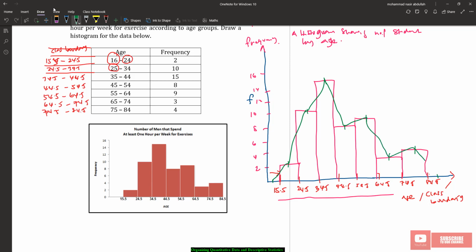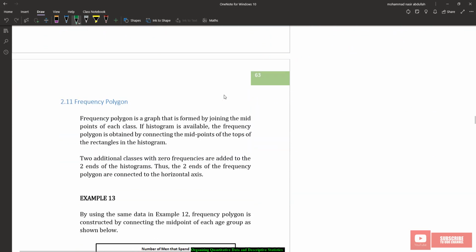So it's the same objective. We just want to know the shape of the distribution. If you look at this one, we know that this is a skewed to the right distribution. Okay. So I just want to touch on this and let you know the objective and how to construct. You don't need to construct, but it's good practice. Make time to construct on graph paper, right?